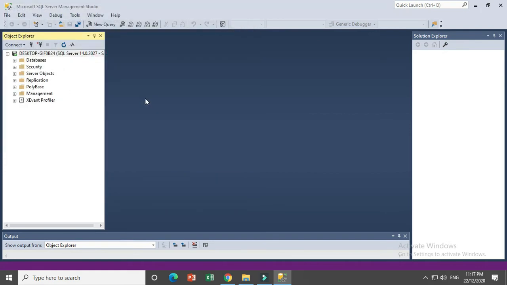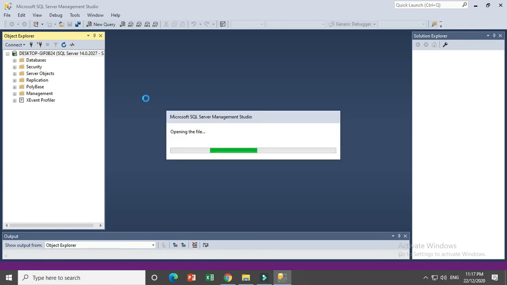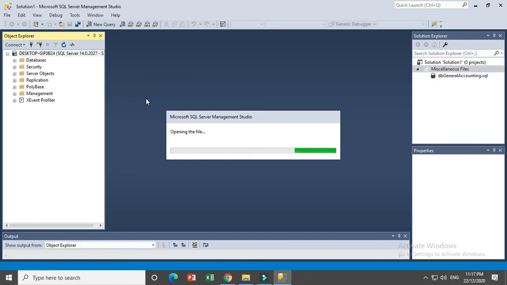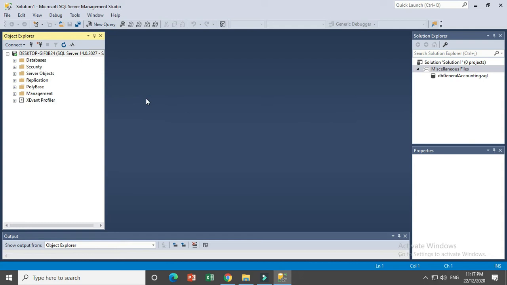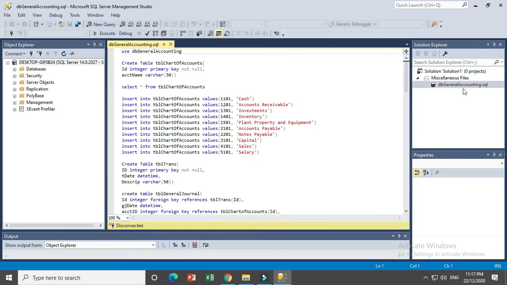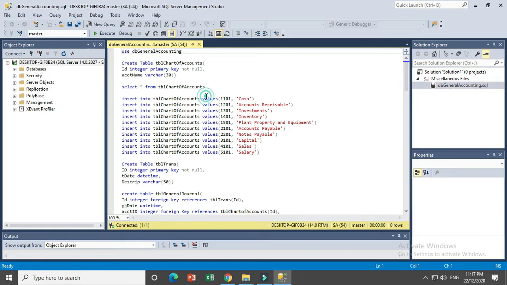I've named it DB General Accounting, which means that we queried the general accounting database. As you can see here on your screen, in the Solution Explorer, we have a lot of things. So for newbies, it might be overwhelming.